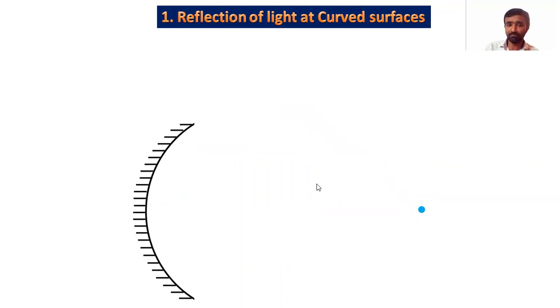I make one surface of the curve an opaque surface. So which type of mirror is this? This is an opaque surface. Can you name the mirror? Concave. Right. So this is a concave mirror, because the concave surface is acting as the reflecting surface.